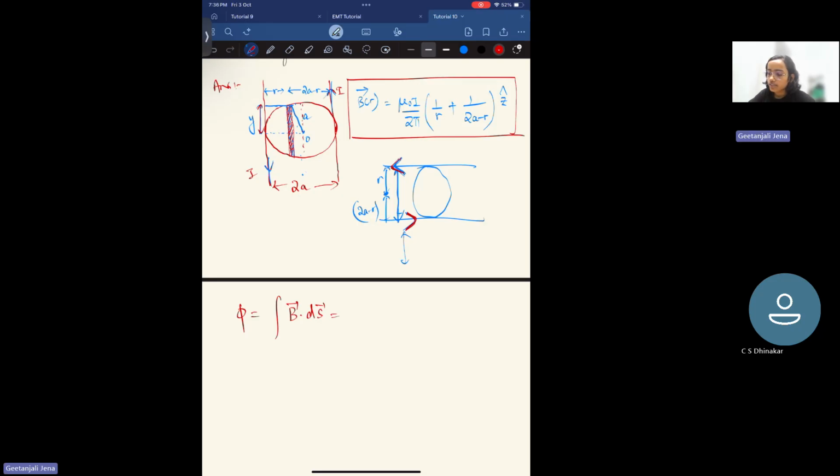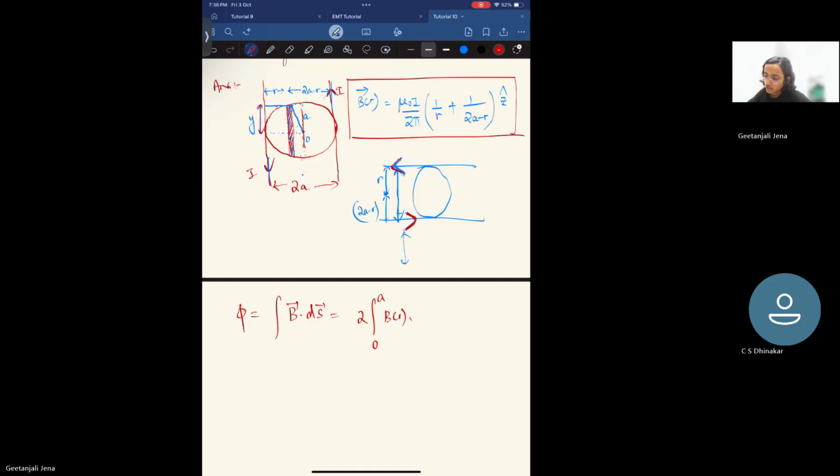As you can already guess, these two current carrying wires will produce equal flux that will add up. So that means we can take the integration, 2 times 0 to a.